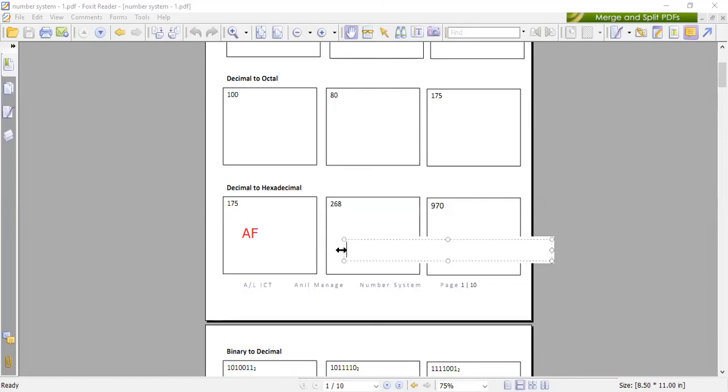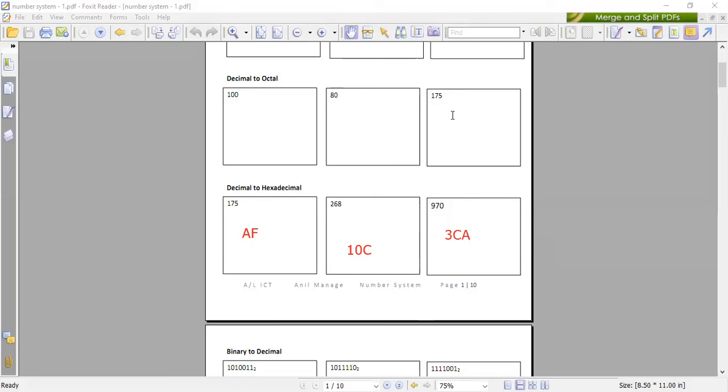Then the next one, 268, should be 10C. Then 970 should be 3CA. Check your answers.